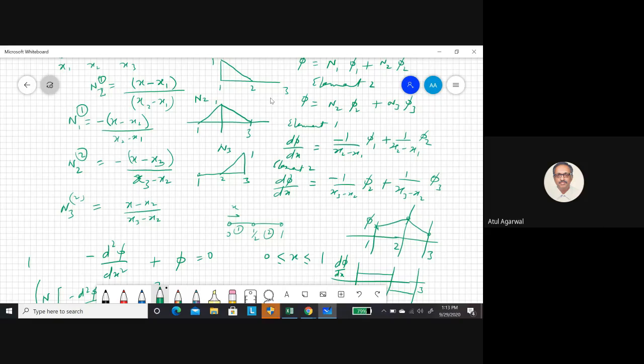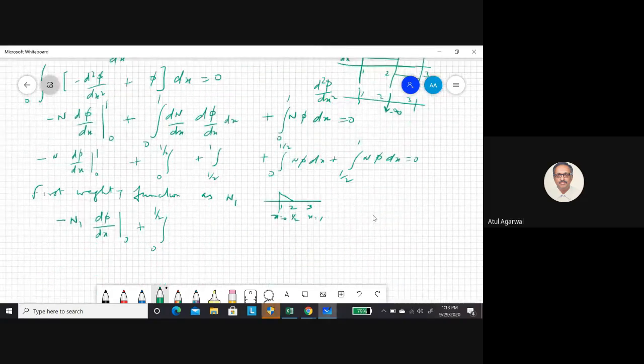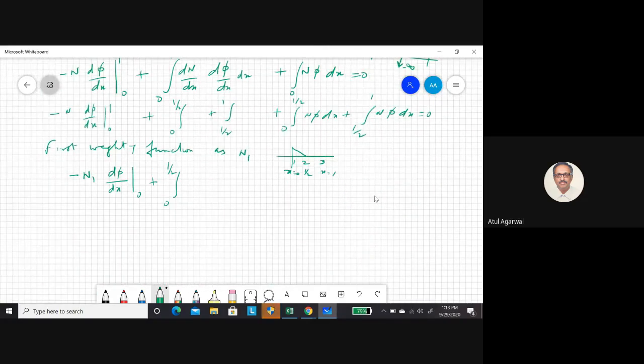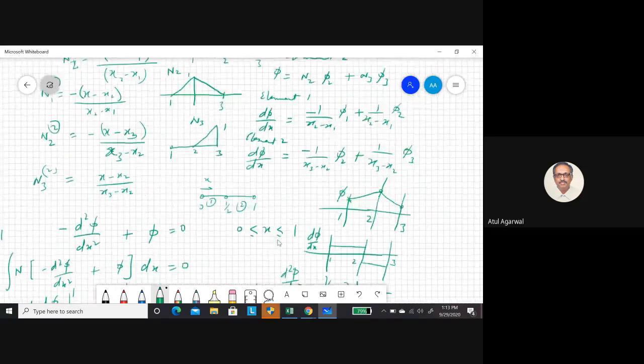So what is the derivative of N1? Minus 1 upon x2 minus x1. What is the derivative of phi in this? You see it is given by phi 2 minus phi 1 upon x2 minus x1.